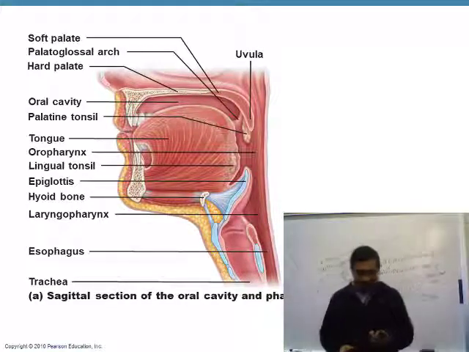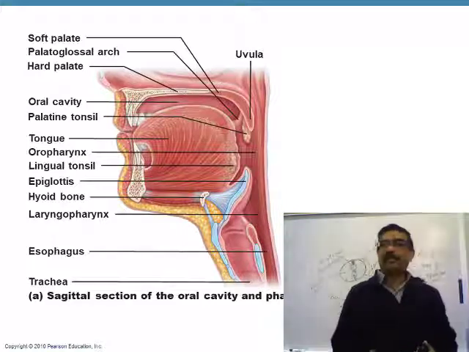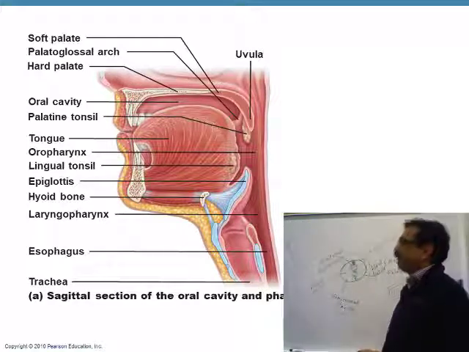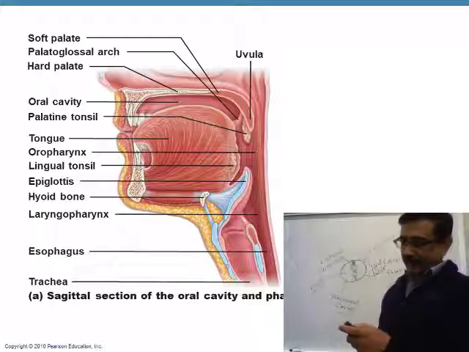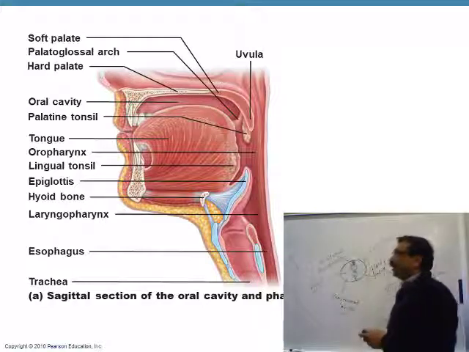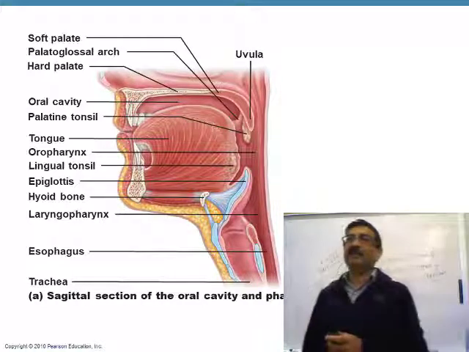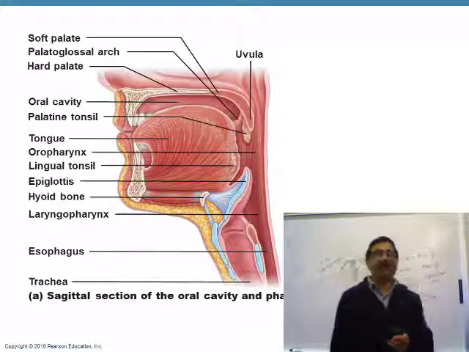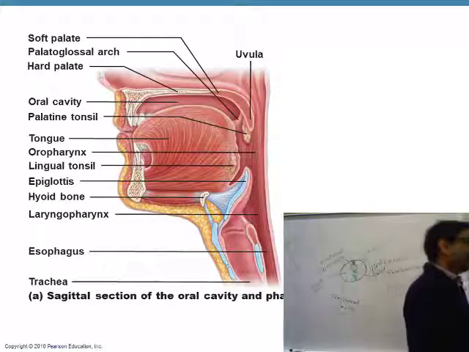Now there are some structures inside the mouth. The area between the lip and the gingiva or gum is called the vestibule.